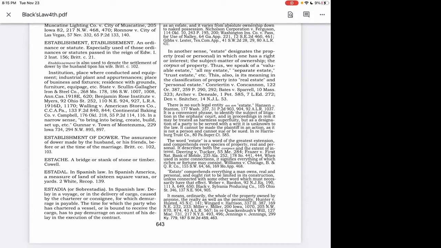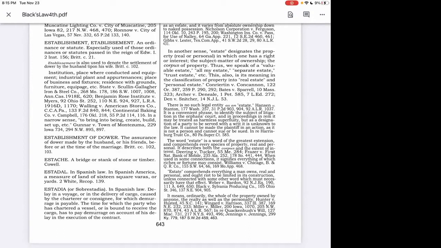The word estate is a word of the greatest extension and comprehends every species of property, real and personal. It describes both the corpus and the extent of interest. When used in some connection, it signifies everything of which riches and fortune may consist.